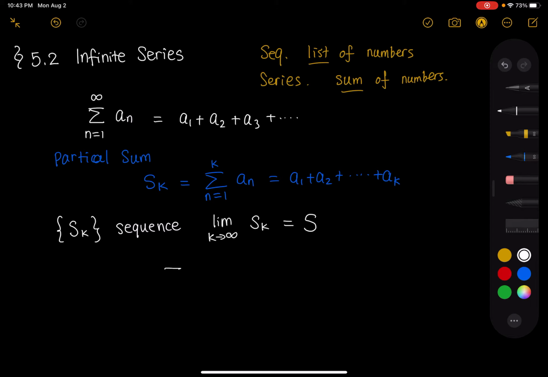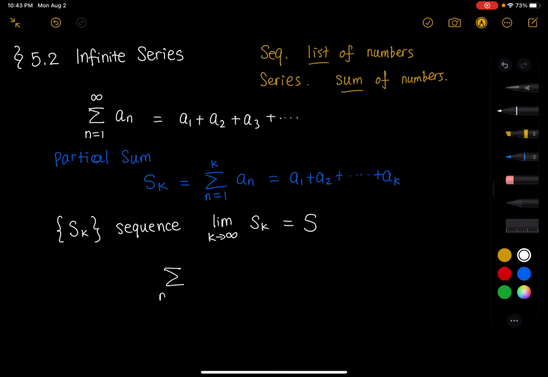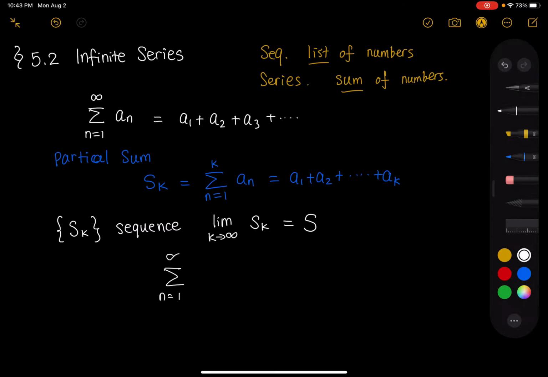So we will say, okay, if the partial sum converges, then the whole entire infinite list, when you add it up, should equal this number. Otherwise, if the sequence of partial sums diverges, then we have a divergence of a series.